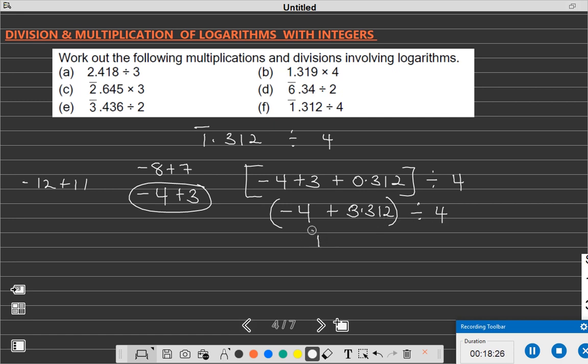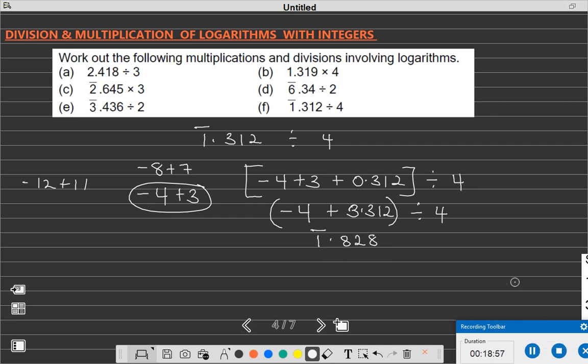So you write 1 bar. Now 3.312 divided by 4, we get 0.828. So this is our answer. So that is how we deal with multiplying and dividing logarithms.